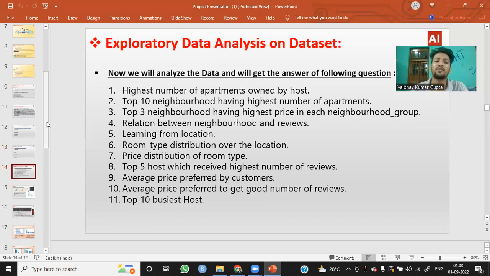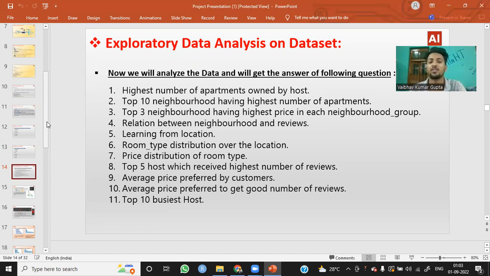The questions that we have tried to answer in this project are: first, the highest number of apartments owned by a host. Second, the top 10 neighborhoods having the highest number of apartments. Question 3 is the top 3 neighborhoods having the highest price in each neighborhood group. Fourth, the relation between neighborhood and reviews. Fifth is learning from location.